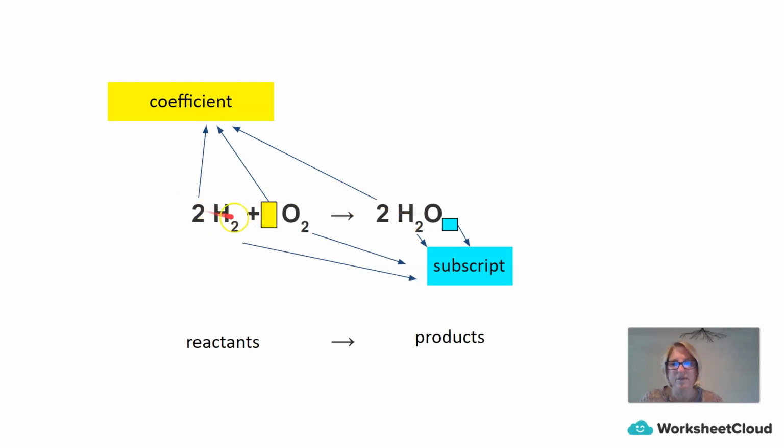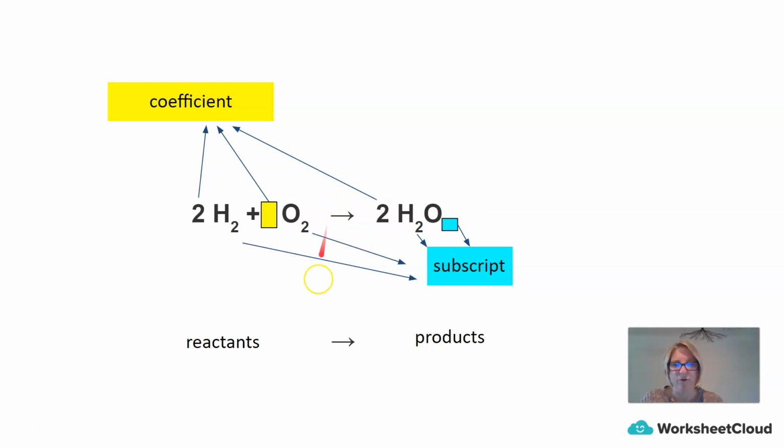The numbers in front of the letters are known as the coefficients, and they represent the number of molecules in the reaction. The subscripts at the bottom represent the number of atoms of each element that are part of that reaction.